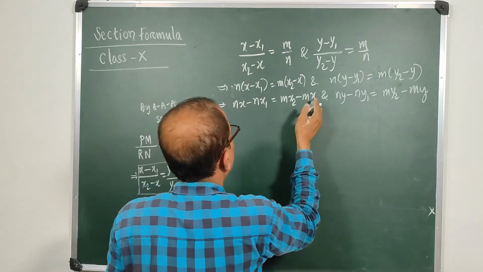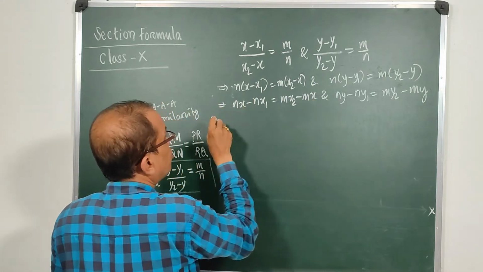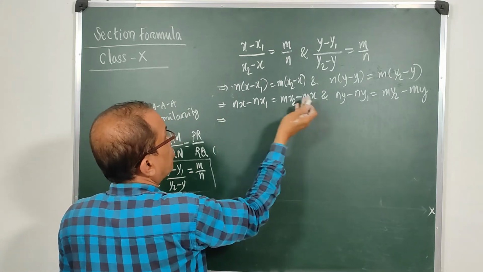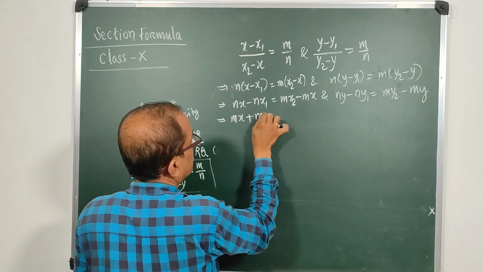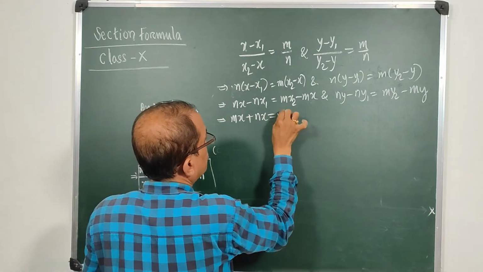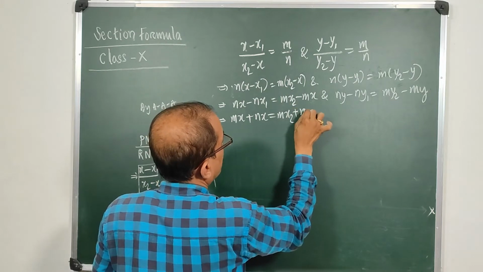Now let us put the x terms together. This one comes to the left side, becomes plus mx, so mx plus nx, and minus nx1 goes to the right side, becoming plus nx1.